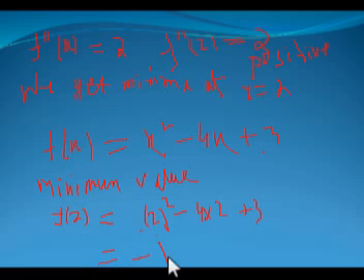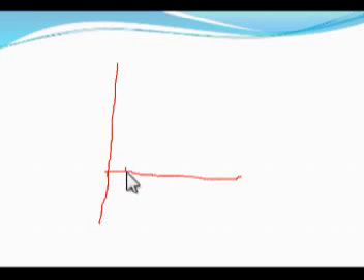If we draw the curve, this is 1, this is 2, this is 3, 4, 5, and this is minus 1, minus 2, minus 3.